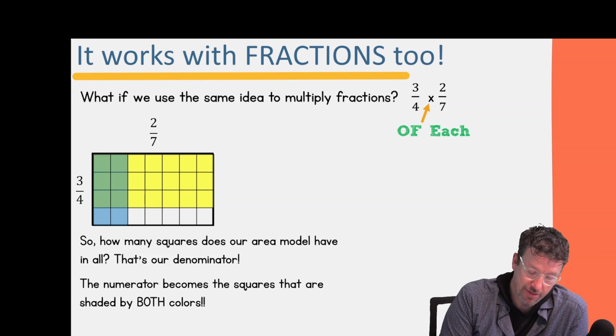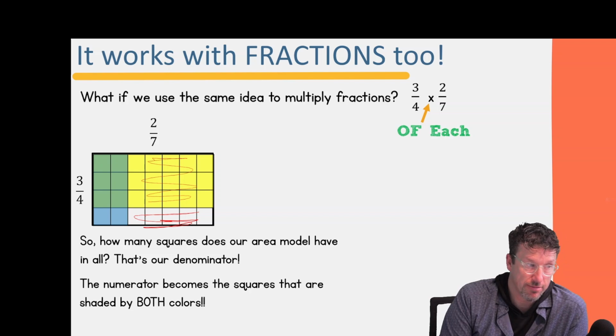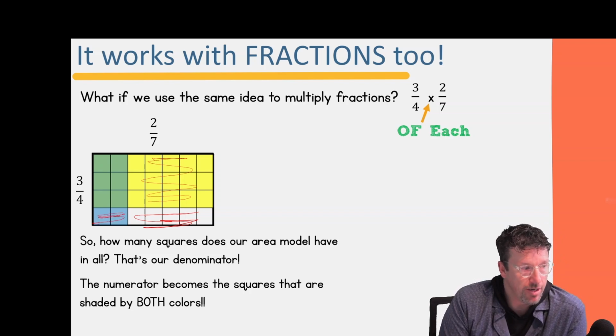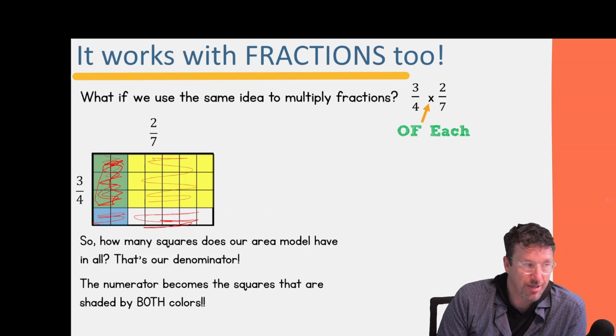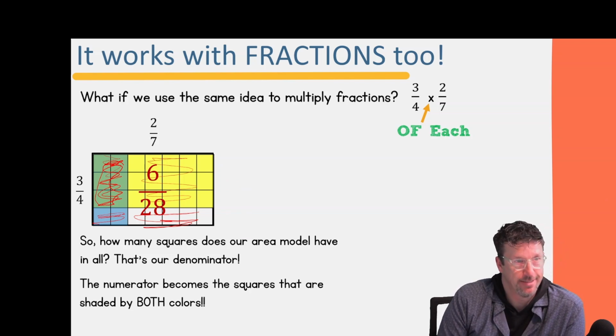So none of these are in our numerator because they're just yellow. None of these are part of our numerator because they're not even shaded in. These 2 aren't part of our numerator because they're just blue. These 6 right here are going to be our numerator because that is the yellow and blue together. So our answer is 6 out of 28, or 6/28. That's how you do the area model.